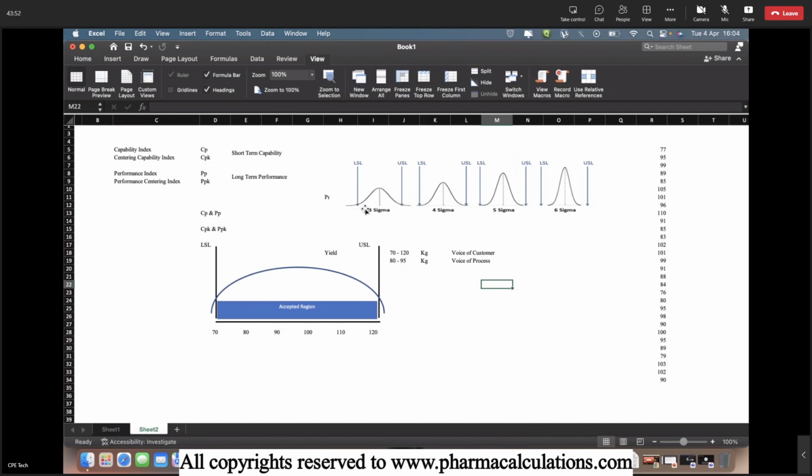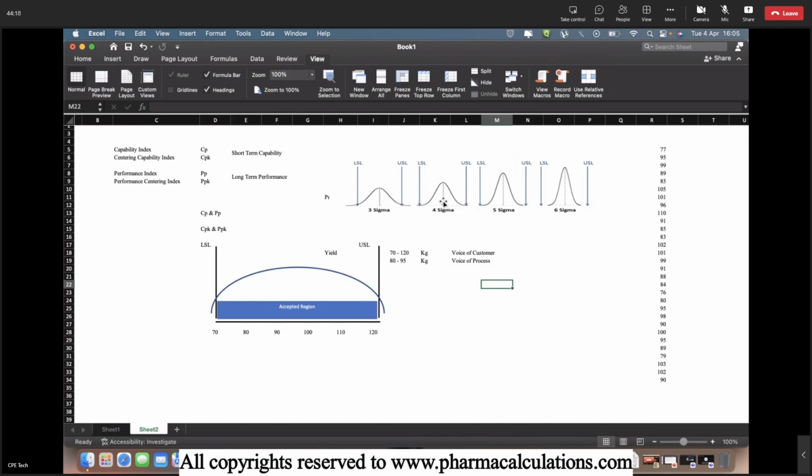Here, this is going to be the accepted region and this is going to be the rejected region. In this case, the spread extends beyond the specification limits and the centering is low. Coming to here, even in this process there are a few rejected pieces, but they are very few compared to here.